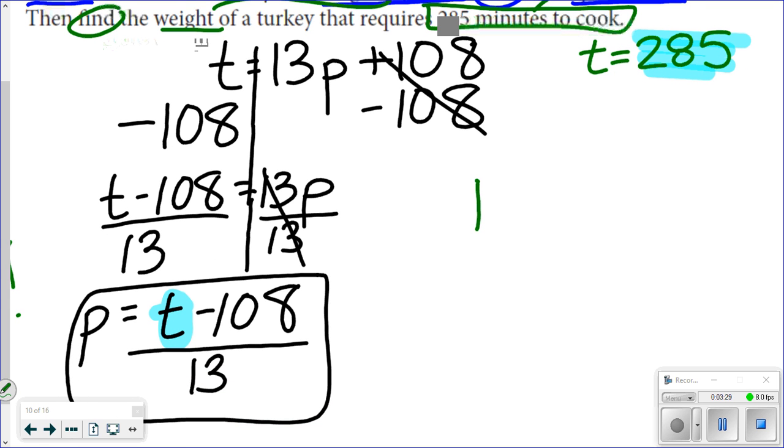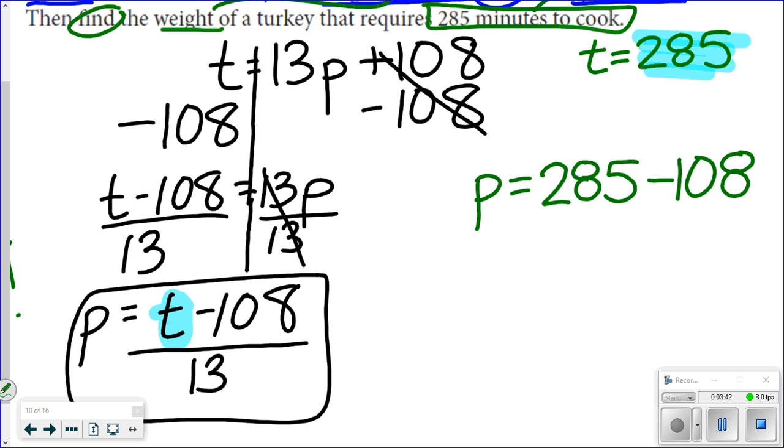So P pounds equals T, which we're plugging in or substituting in, 285 minus 108 all over 13. So I want you to go ahead and do this. Use your calculator if you need to. Do the numerator first. So do 285 minus 108.